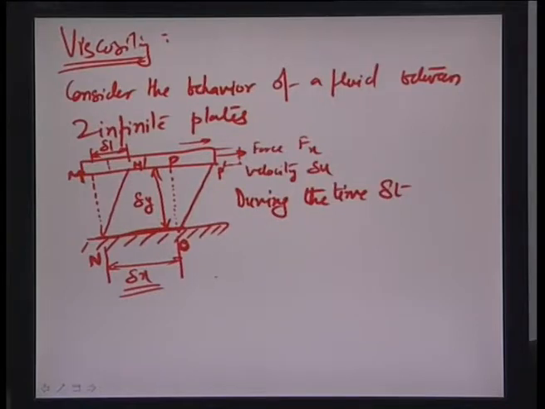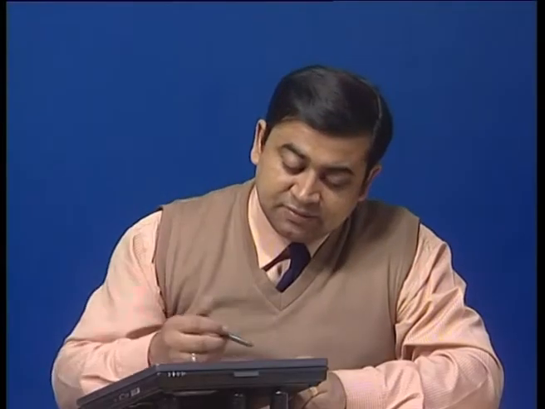the amount of distance that has been moved, delta L, can also be represented as delta u times delta t. And essentially the shear stress here, tau y x, that means the stress due to the force along the x direction on the area vector pointing towards the positive y direction.